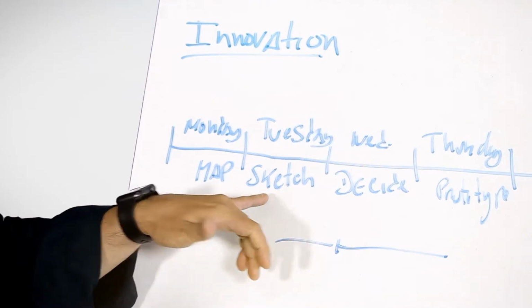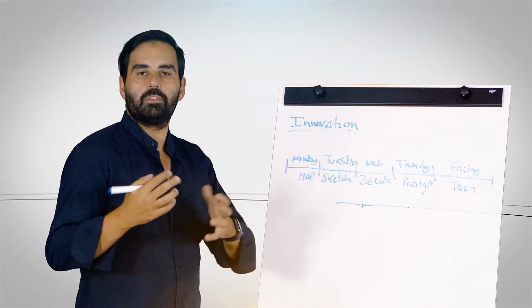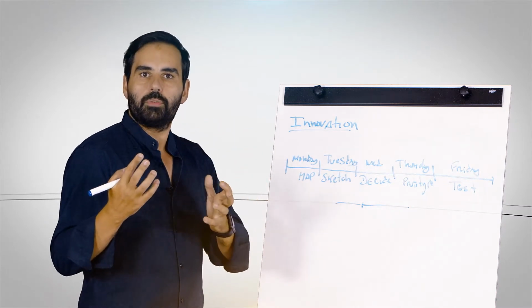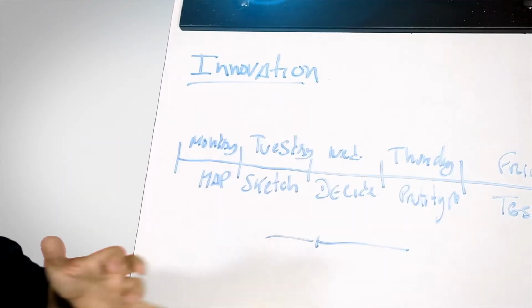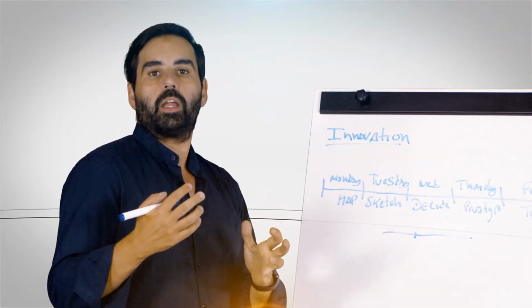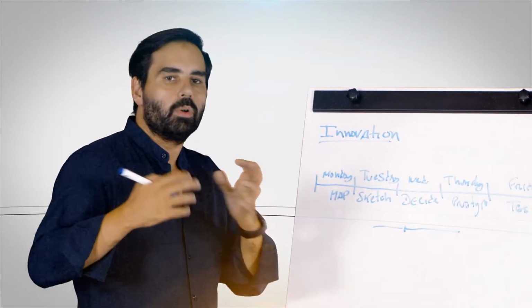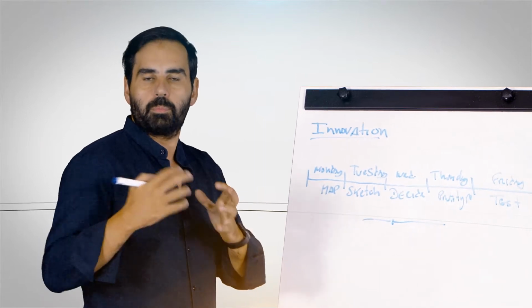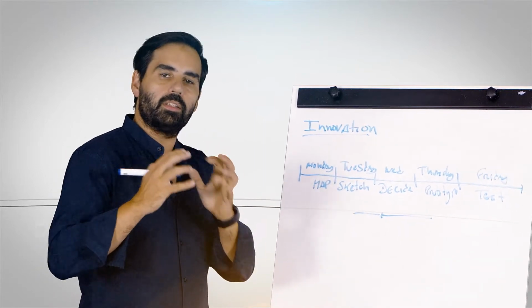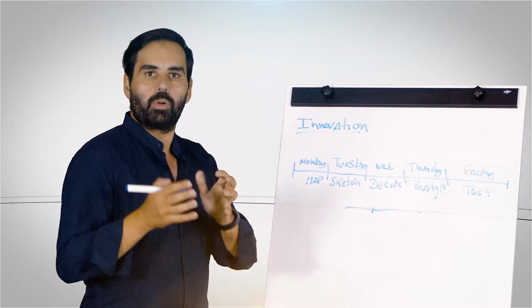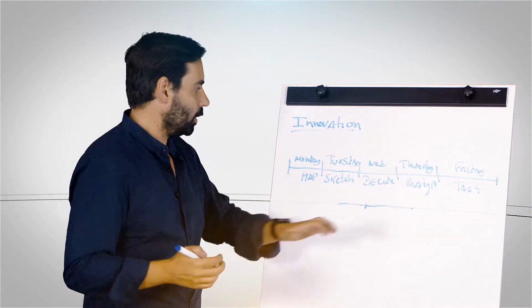The sketch is where you brainstorm ideas and different ways to tackle this problem, and on Wednesday you decide. You do a dot voting, or whatever you want with the proper tools, but the important part is you decide on an approach that you want to test at the end of the week.